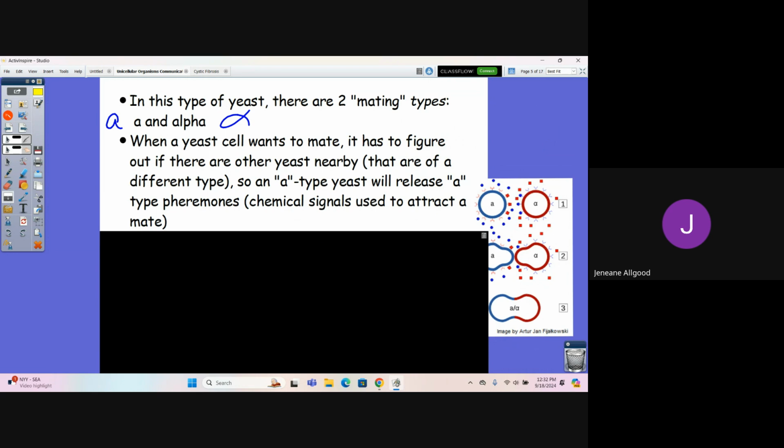The A cells are releasing these blue signaling molecules, and what we're hoping is that there'll be some alpha cells nearby, and alpha cells are going to have receptors for the A-type pheromones. So that's why you see some of these blue circles binding to the receptors on the alpha cell.